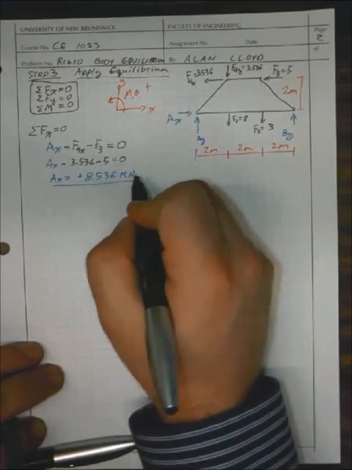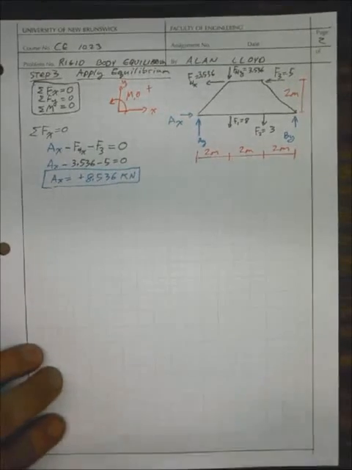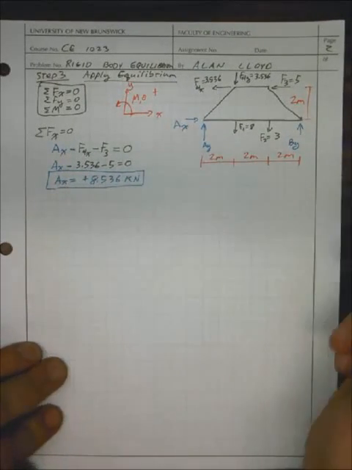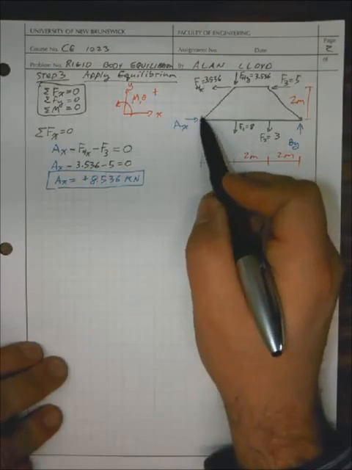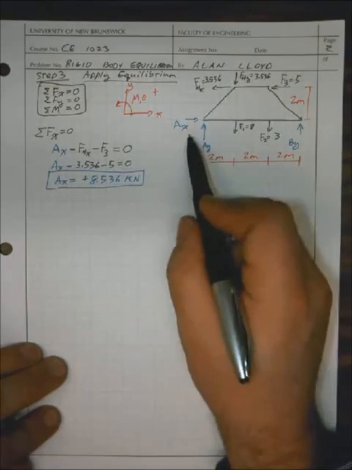Now, this plus value means something to us. Since we're following our positive XY coordinate system here, if a value comes out as positive, it means it's drawn correctly. And since we drew it as a positive value initially, it means it's a force acting to the right.